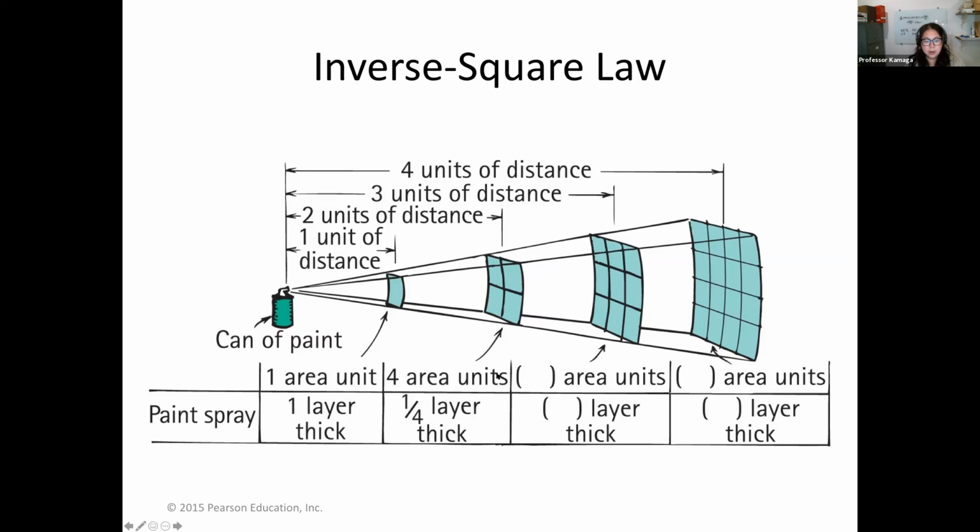So that's going to be 9 area units and 1/9. Now it's going to be 16 and then 1/16. Right? So this is called the inverse square law. As you go farther away, the intensity decreases by 1/d squared.